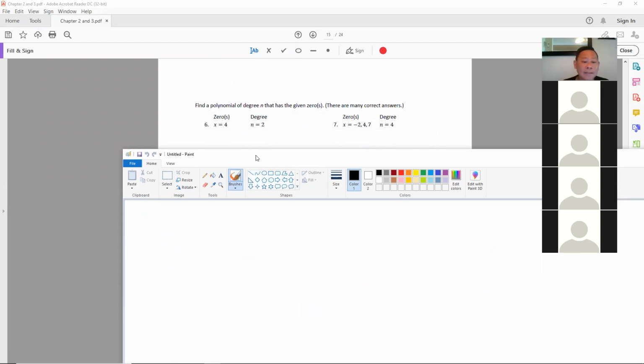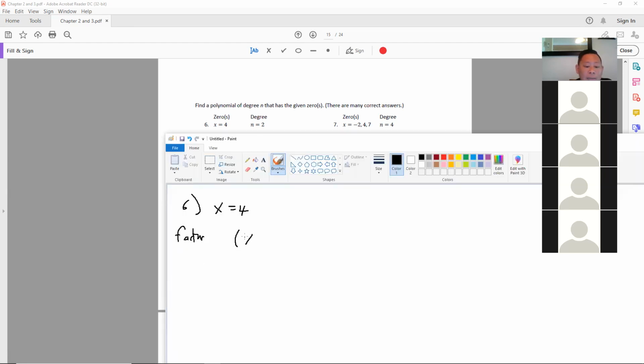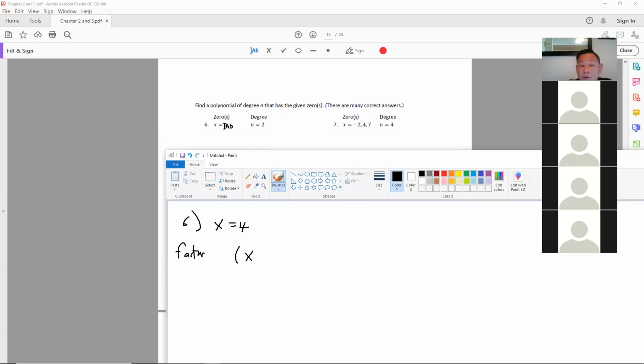Okay. This time I give you the 0 and the degree. You have to give me the polynomial. Now, same thing like last time, you write your zeros into what? Into factors, right? So can someone tell me how you write question 6 in a factor form? This will be x, the 0 is 4.